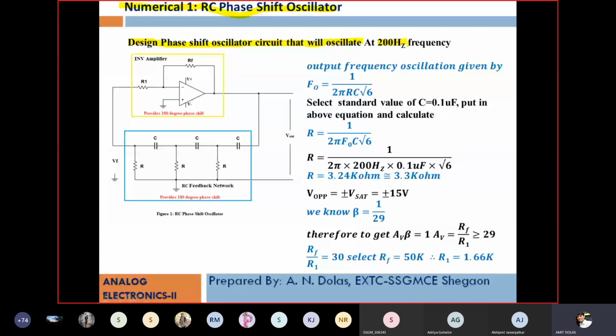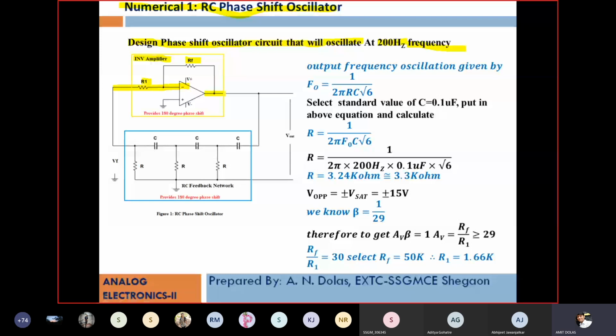Then you have to draw this circuit. Make sure that the inverting amplifier is there, that is R1 and RF are connected, and the input of the feedback network is connected to the negative terminal, and the output of the amplifier is connected to the feedback network. So this must be there.